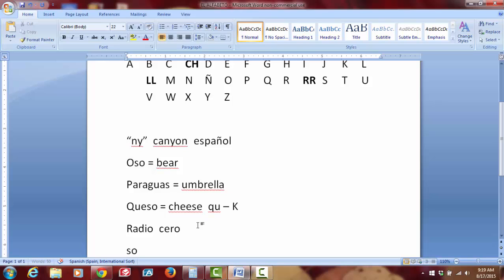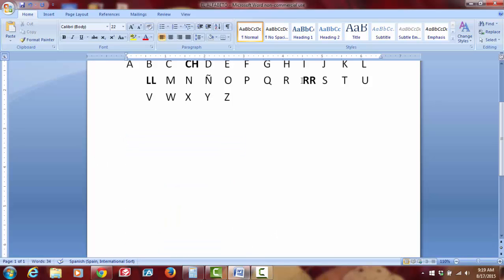All right. S is the same as English, sombrero, which means hat, sombrero. Okay, T, that is the same as in English. Tijeras is an example. Scissors, tijeras.